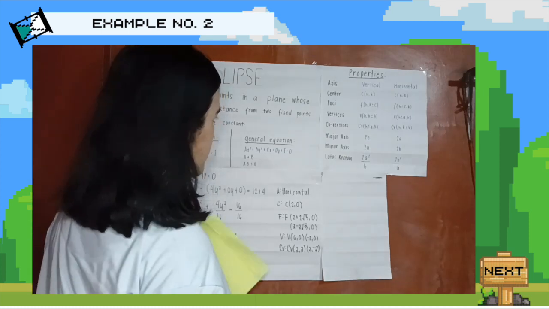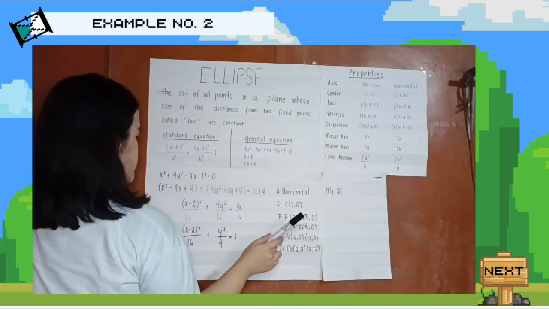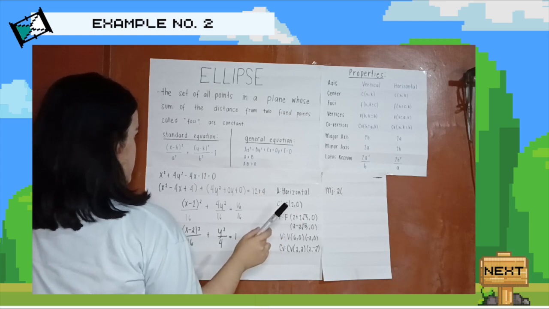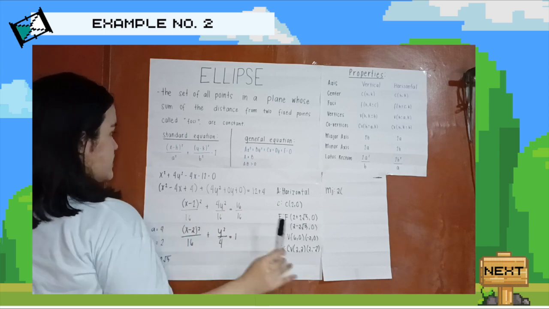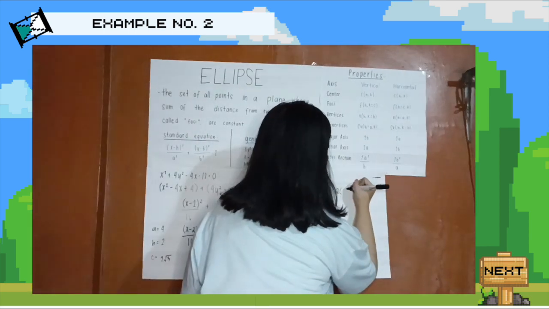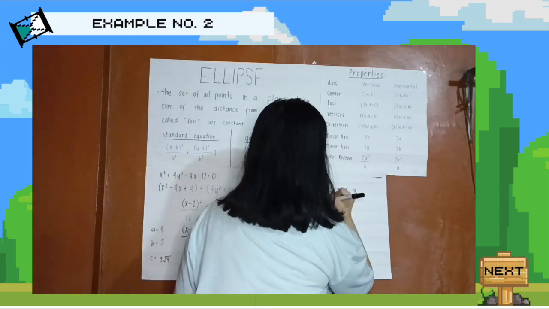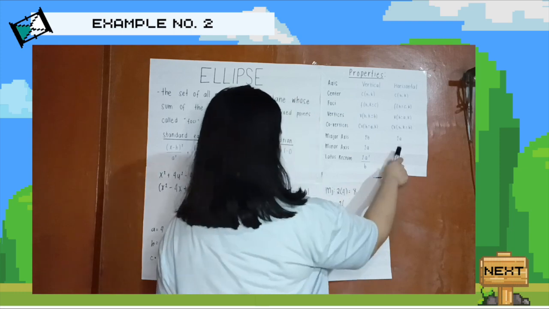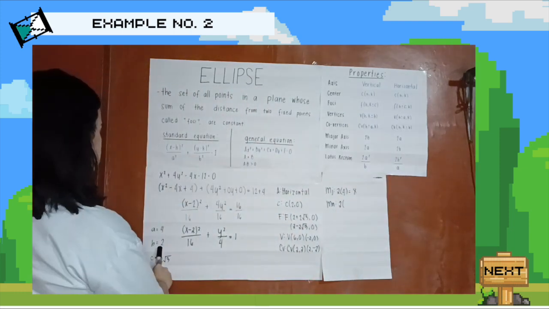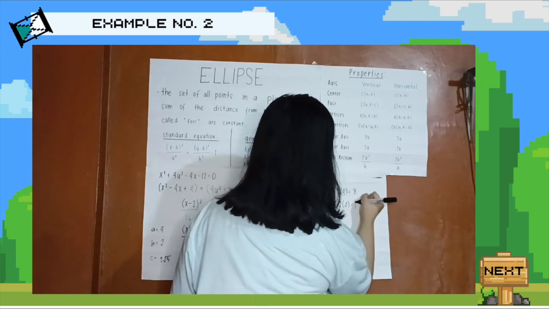To solve for the major axis, we will be using 2a. So 2a, a is 4, so 2 multiplied by 4 is 8. For the minor axis, 2b. So our b is 2, so 2 multiplied by 2 is 4.